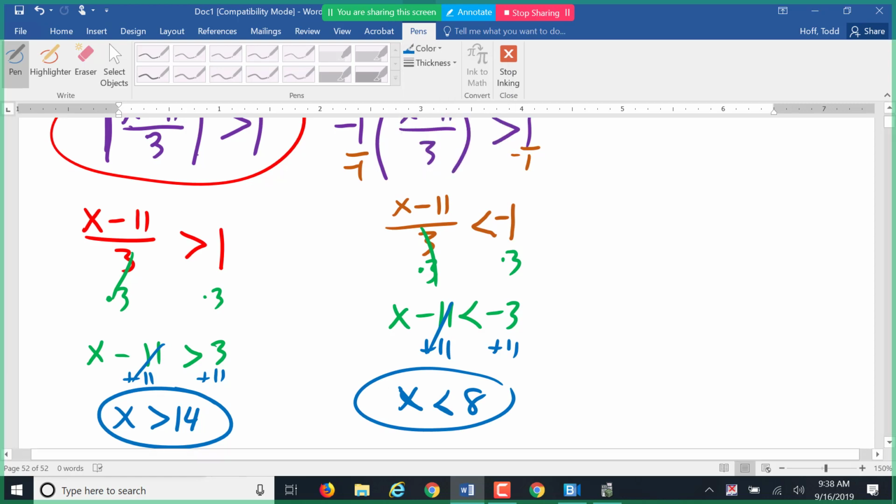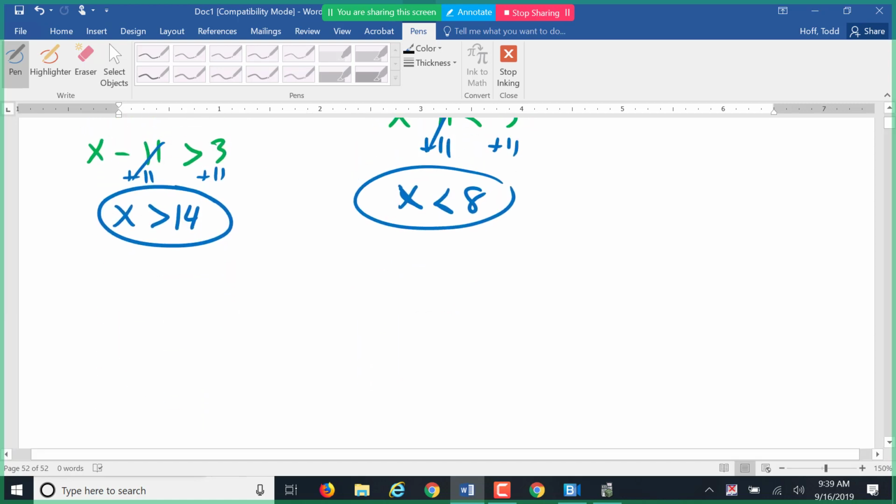So I asked you to give those answers both in set builder notation and in interval notation. I didn't ask for a number line, but I often find it's easier to create the other notations if I do the number line first.